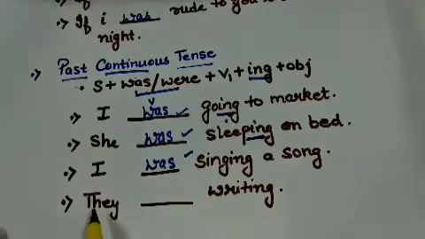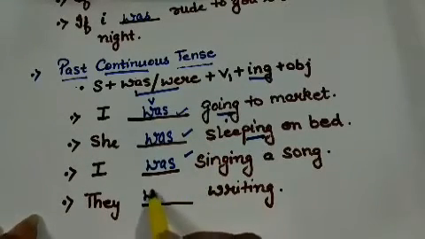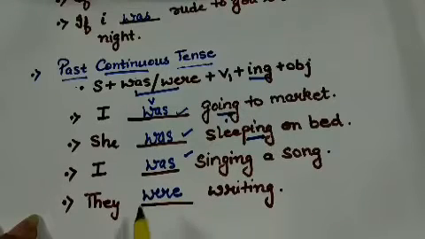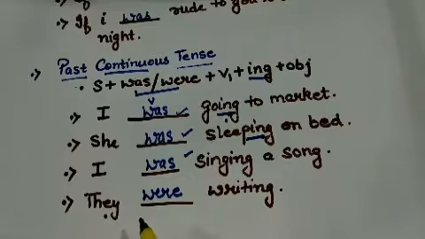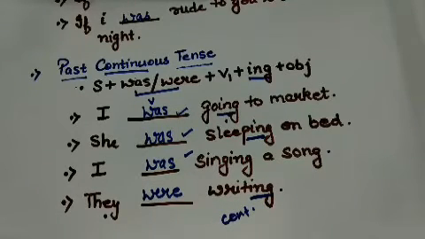Now, see this sentence. They dash writing. They were writing because they stands for plural and we use were with plural, and it is again a continuous tense, but they are not writing right now, no?